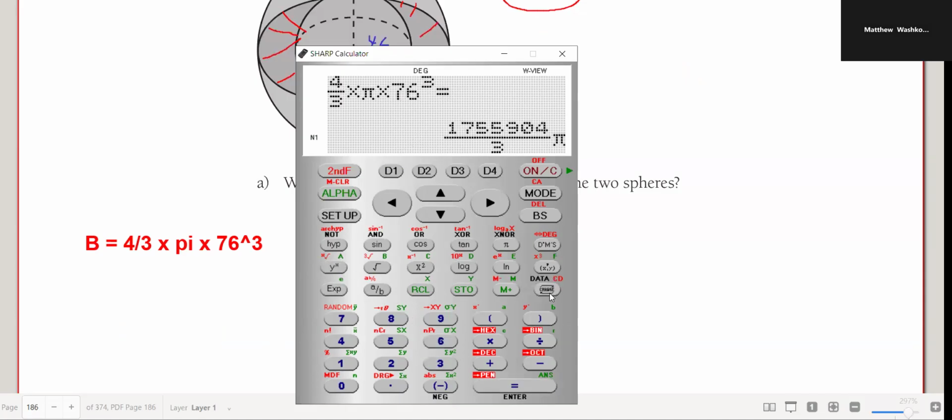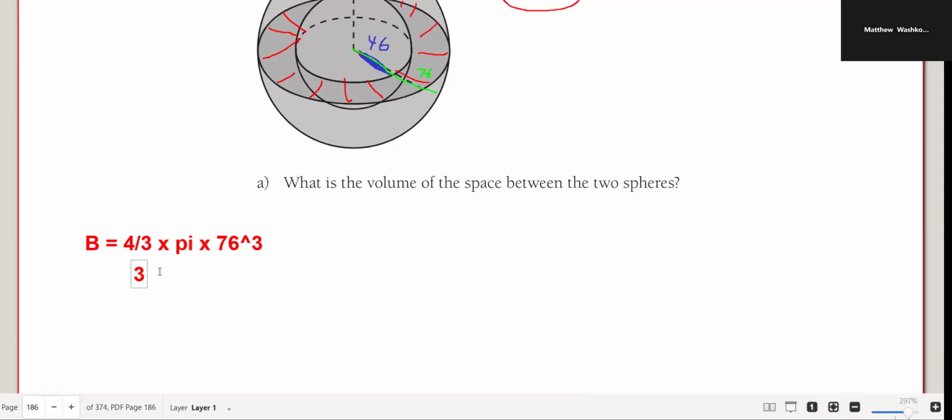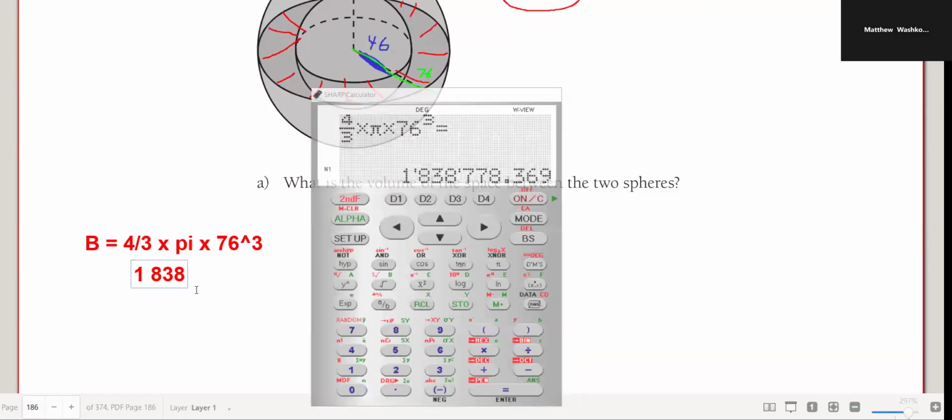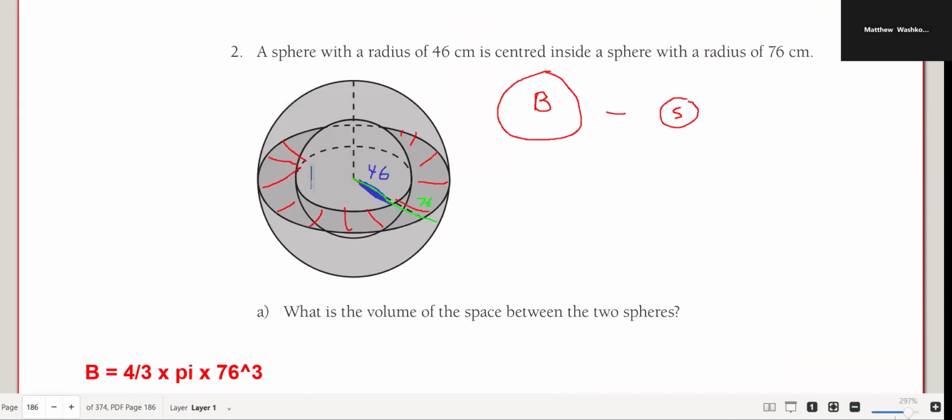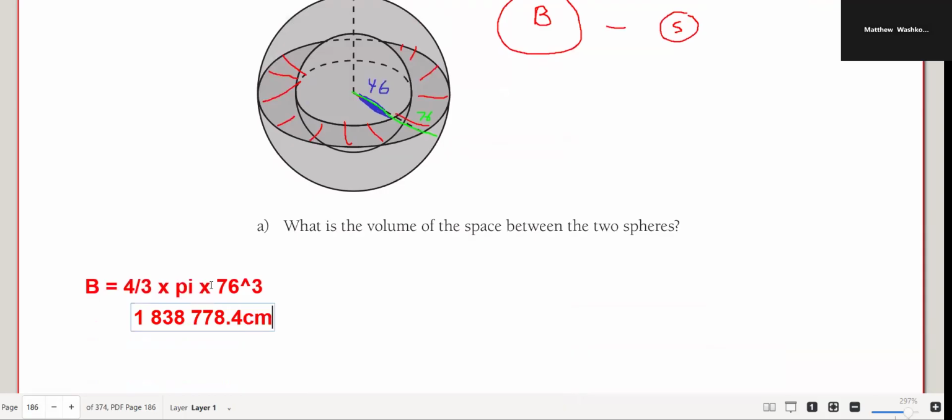So it is, holy crap, 1,838,778.4 cubic centimeters. So that's the one of the big circle.